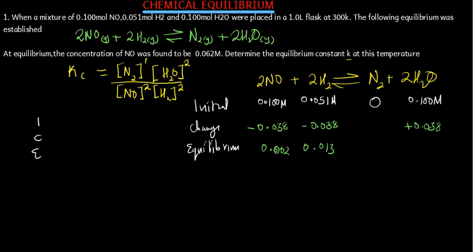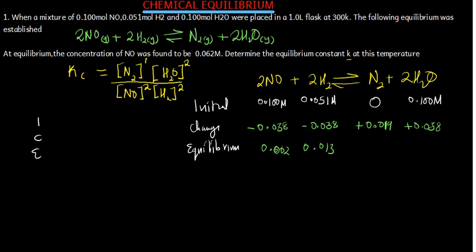That is going to give us, the change is going to be positive for this one. Why? Because it's a product, it increases, so we divide it by 2. Okay, in other words, the change of this one, just divided by 2, will give you the change for this one.